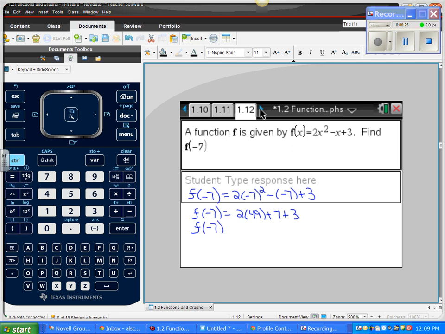Multiplication next. Notice I'm bringing down that f of -7 each time. 98. And then f of -7 is 108.